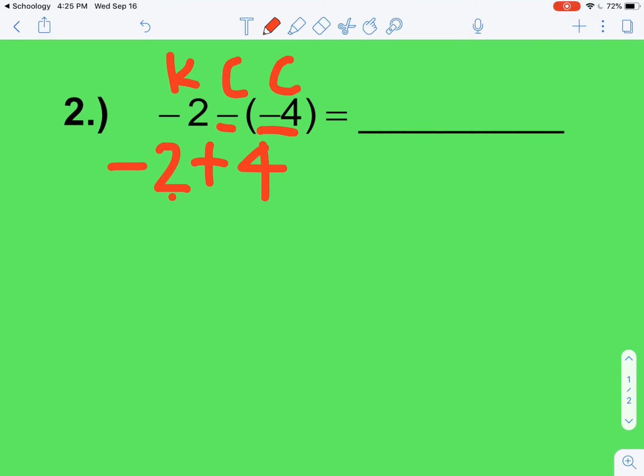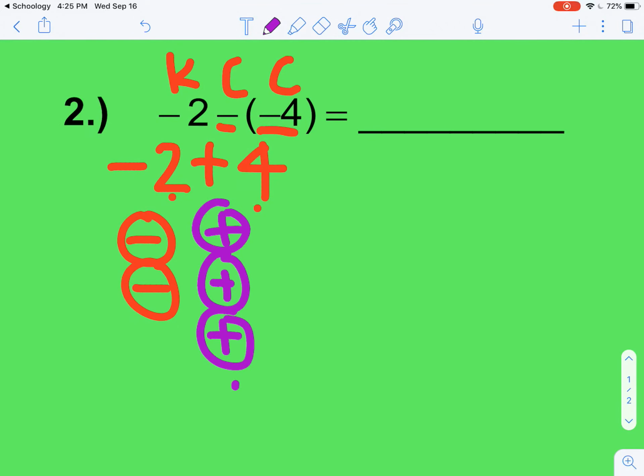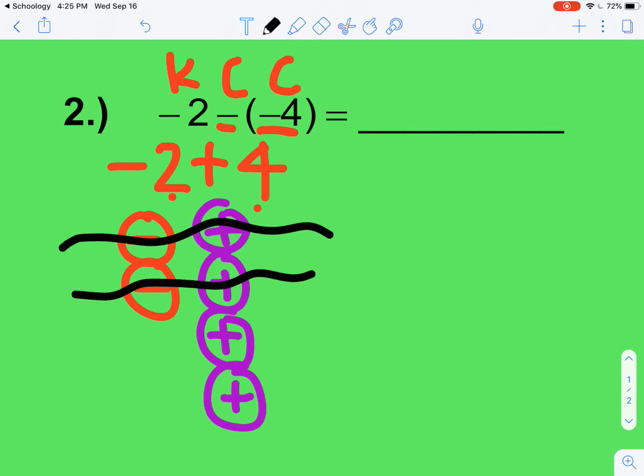So now I have negative 2 plus 4. So I have 2 negatives, and I have 4 positives. We're going to cross out our 0 pairs. Those 2 cancel out, so I am left with 2 positives.